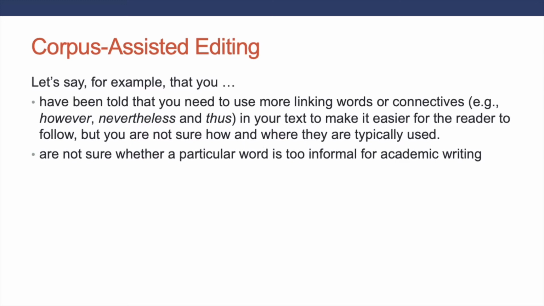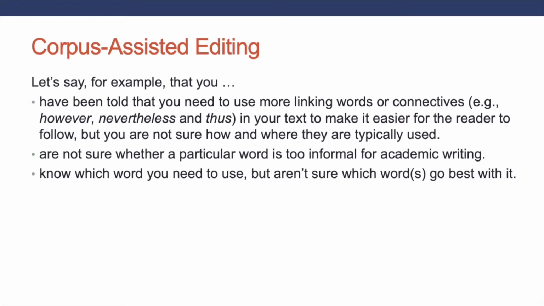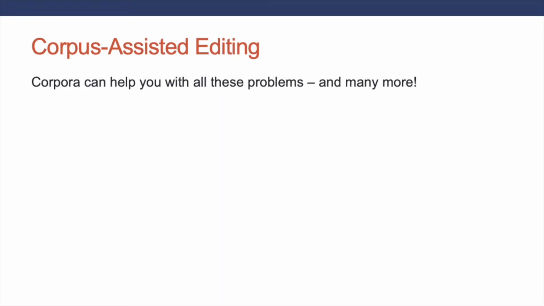You may also be unsure whether a particular word is too informal for academic writing. You may also know which word you need to use, but aren't sure which words go best with it. Corpora can help you with all of these problems and many more.